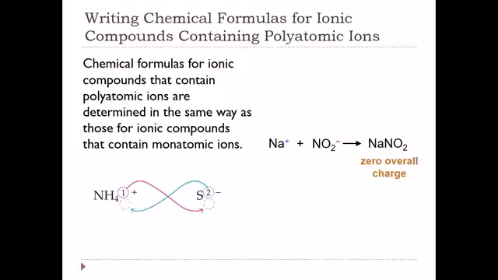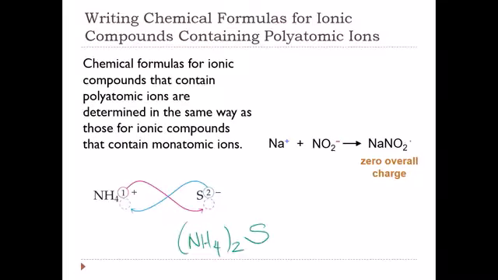So for example, this 2 would go here, and this 1 would go here, but since we're placing a 2 behind this ammonium polyatomic ion, we have to place it in parentheses to indicate that this 2 will be distributed onto all of the atoms in this polyatomic ion.